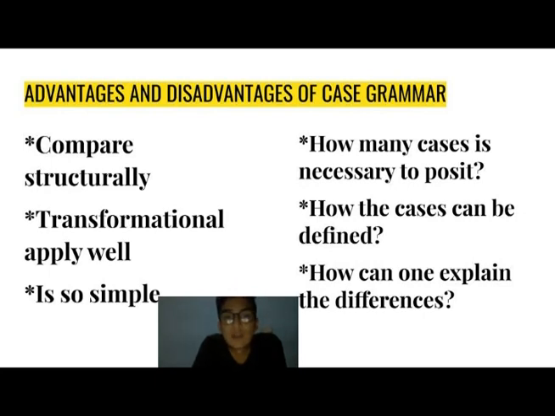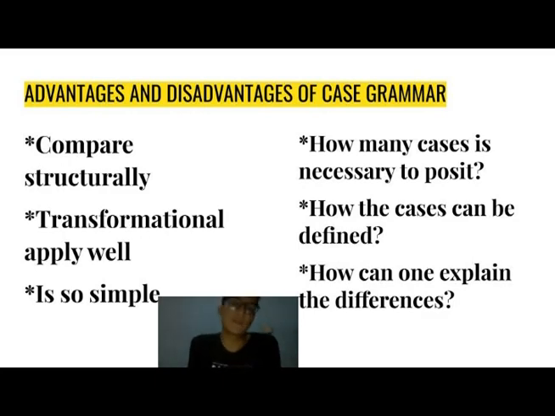And about the disadvantages, we can say that there are some questions like how many cases it's necessary to posit, or how the cases can be defined, or how one can explain the differences in possibilities of equivalence that lexical items have in different languages.